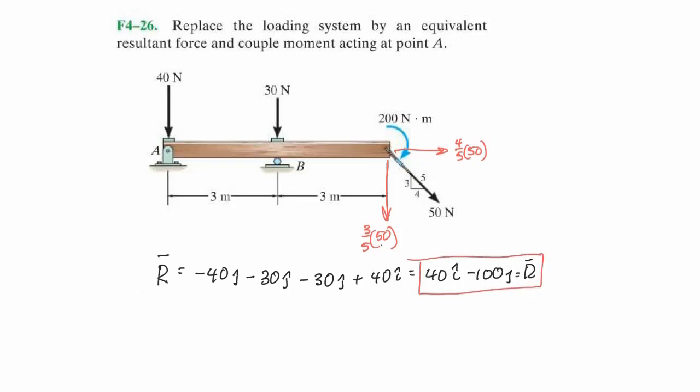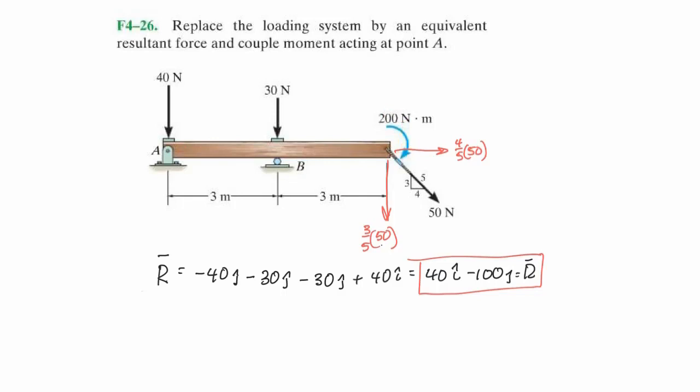Okay, how about the moment before? Again, we need a point of rotation, so if we have point A, this force will cause no moment, but this one will have this lever arm, this one will have this lever arm, this one goes through the point of rotation, and then this is a free vector that we'll be adding in there.